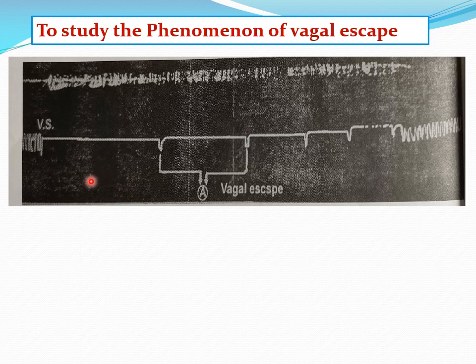After dissection of the frog, you expose the frog's heart, remove the pericardium and connect the heart to the recording system: the lever, the drum or cylinder, and the kymograph.